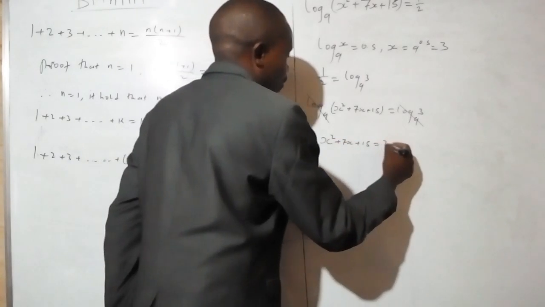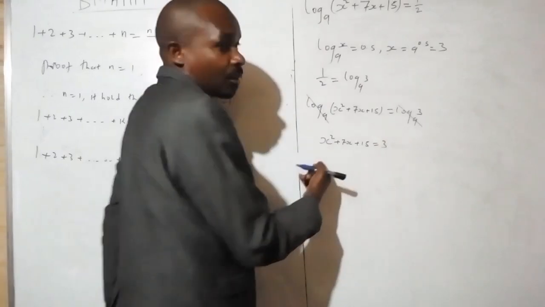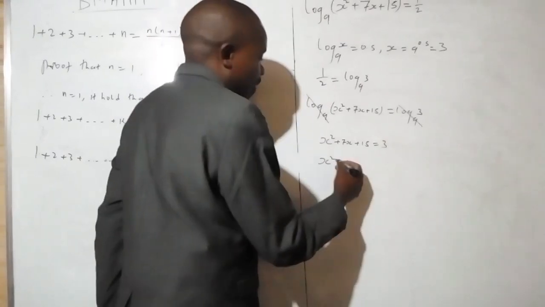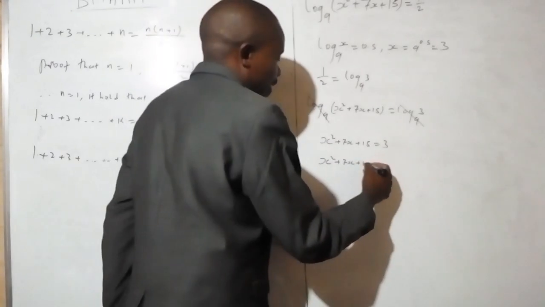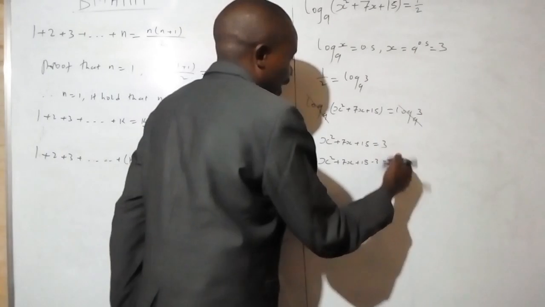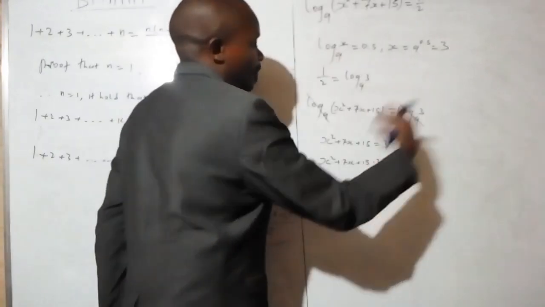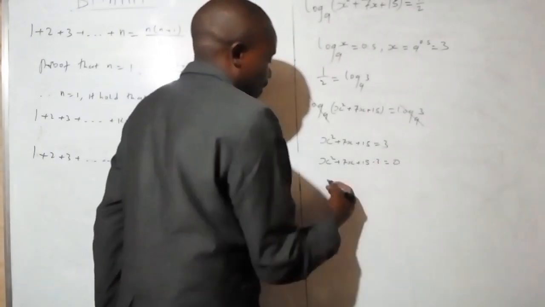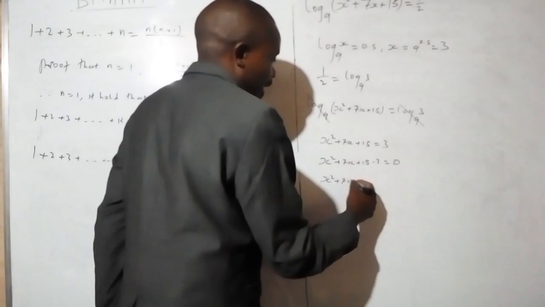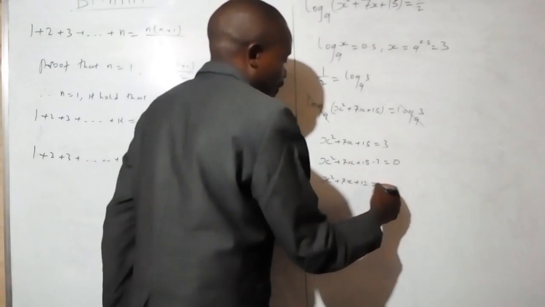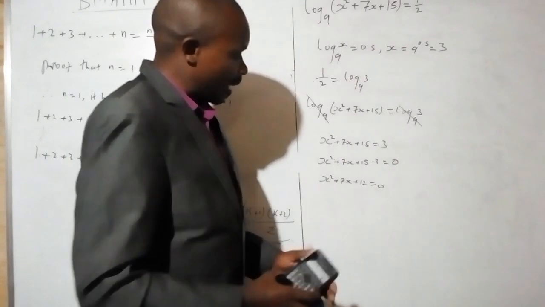Yeah, we make it a quadratic. X squared plus 7x plus 15 minus 3. Yes, we move this 3 from right to left, equals 0. X squared plus 7x plus 12 is 0. Now the product of 12, 1 times 12 is 12.